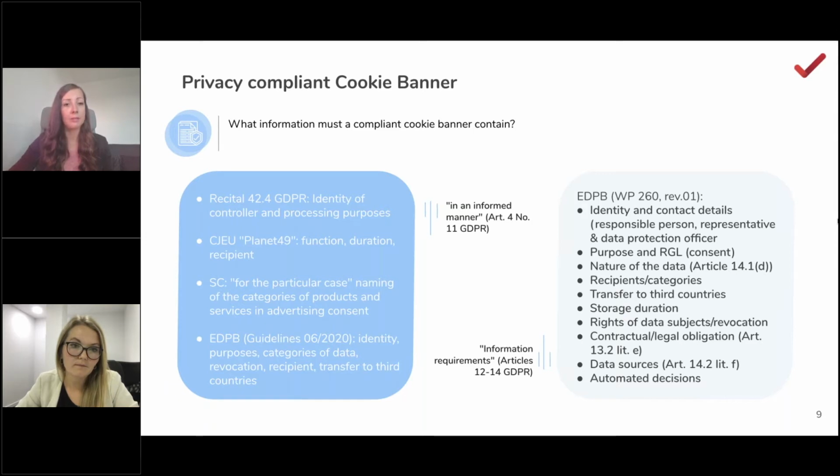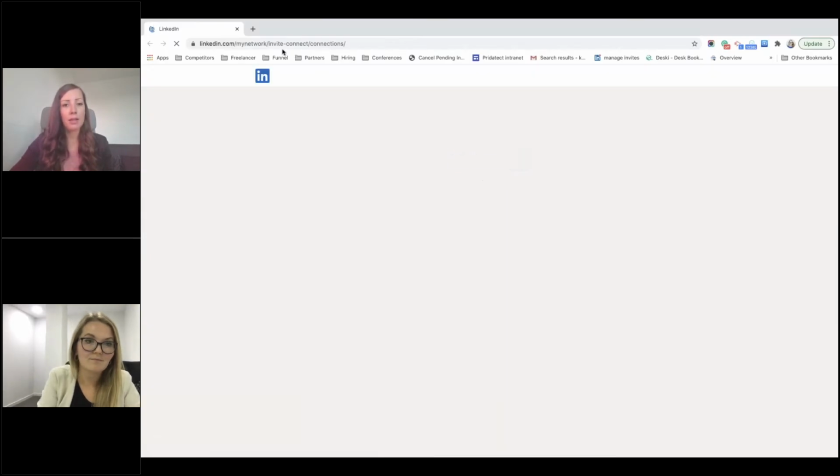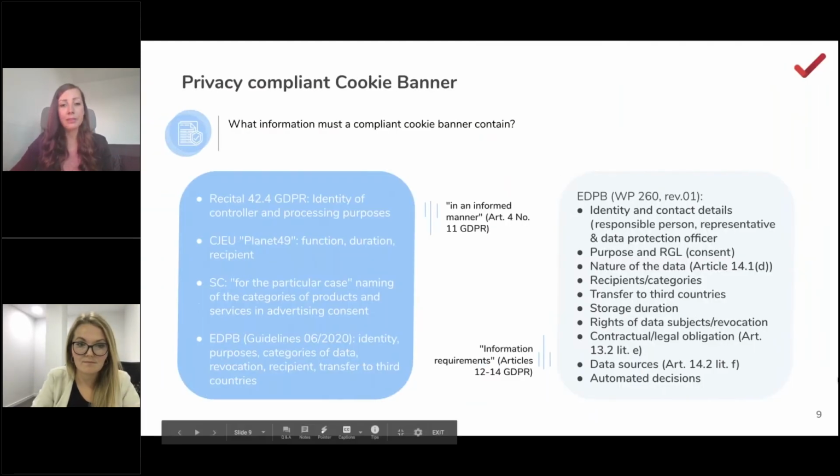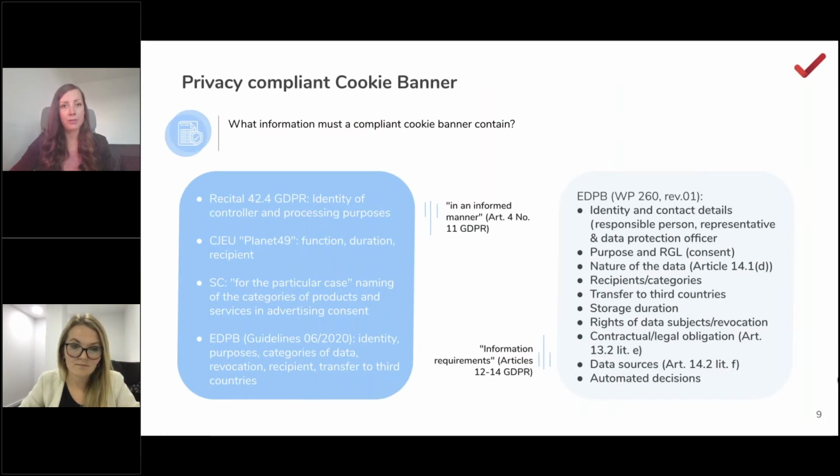Then we have the Supreme Court ruling. This is really interesting because it's the same as the consent under the GDPR, that you have to state a purpose. And if this purpose changes, for example, if you want to use the information for something different, then you would have to get the consent again, because you obtained the consent only for this and this purpose.